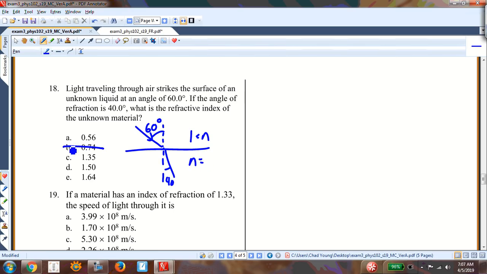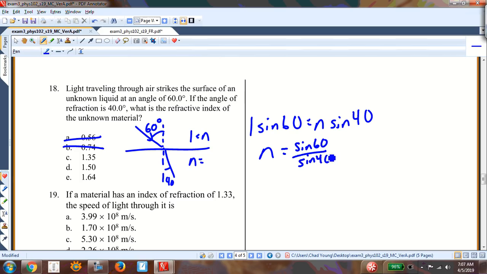Well, I know it can't be this or that because index just isn't less than 1. To solve this, I say 1 sine of 60 equals n sine of 40. I solve that for n, and I find that it's 1.35.